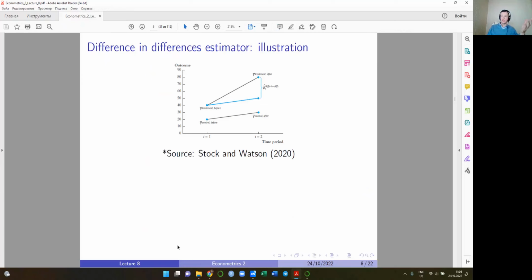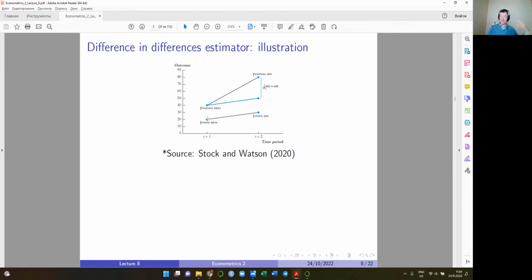This is an illustration that gives us a very nice sense of what is going on. Look, we have before treatment time and after treatment time moment. So this is what we can call a trend. This is a change in the outcome variable for the control group.